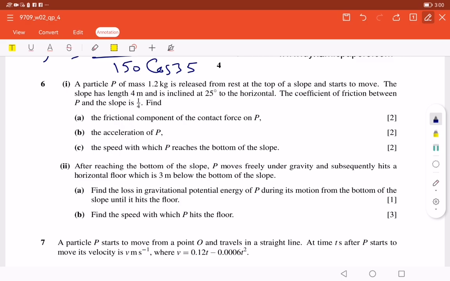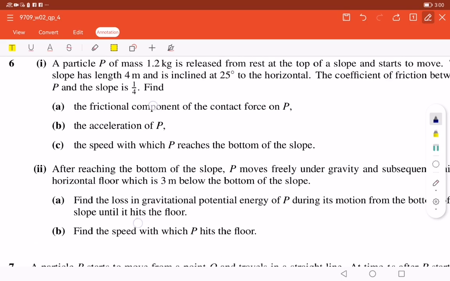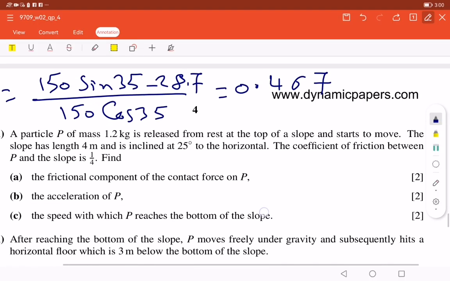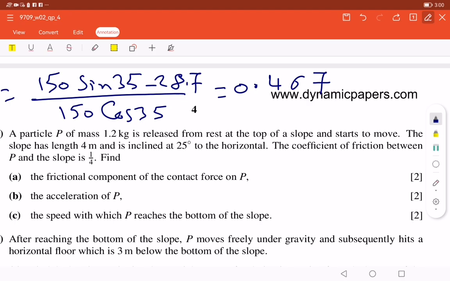Find, first A, the frictional component of the contact force on P. To solve a question like this, we need to draw a model and put all forces on the graph.